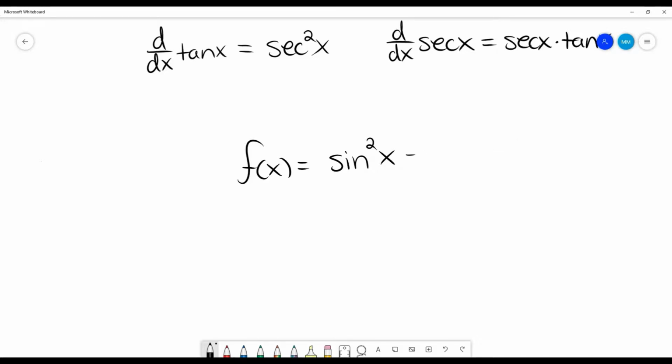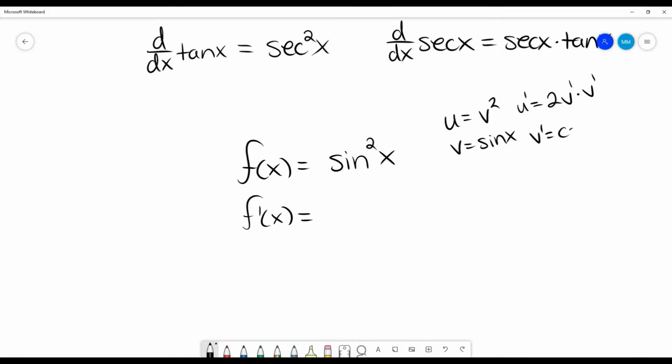But we'll use chain rule just because that's a little bit easier, I think, personally. I'm used to using chain rule here. So our outside term, our u, is v squared, and our v is just sine. So we take the derivative of our outside, times the derivative of the inside. The derivative of the inside, in this case, would be a cosine.